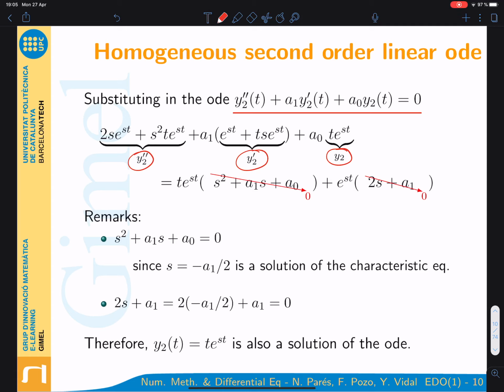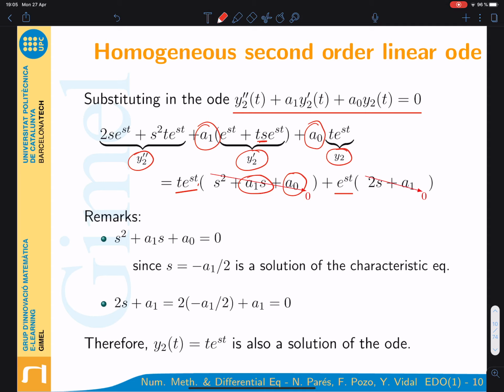Okay, once we substitute it into the differential equation, we decide to take common factor t exponential of st and also to take as common factor the exponential of st. And we can see that for this case, t exponential of st, I have this term, a0, that appears here. Then I have a1 times s, that appears here.